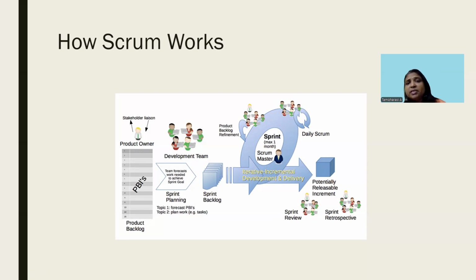We start with all the basic and main features in the first sprint, followed by the enhanced features in the next sprint. Once each sprint is over, there will be a review and retrospective. I hope you all understood how the Scrum software development model works.